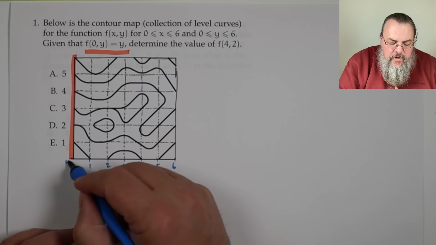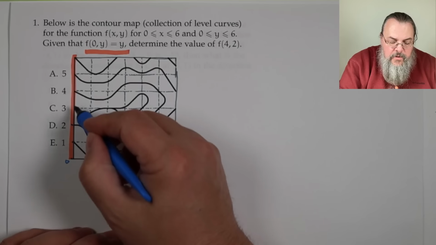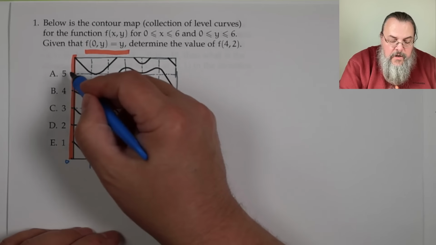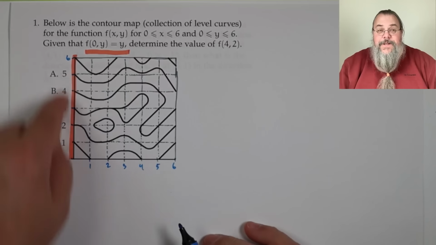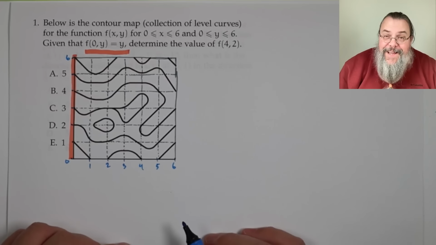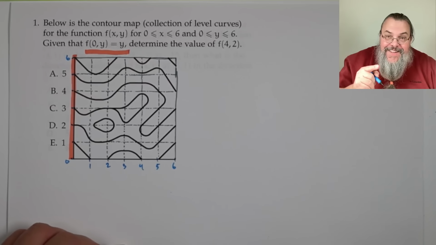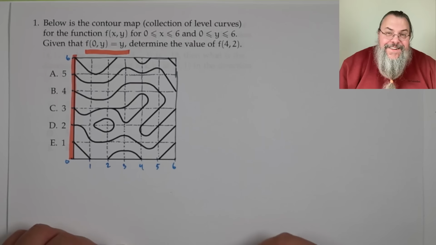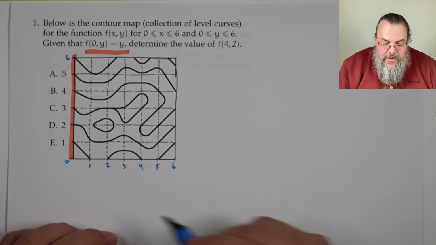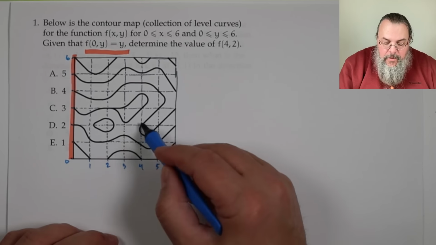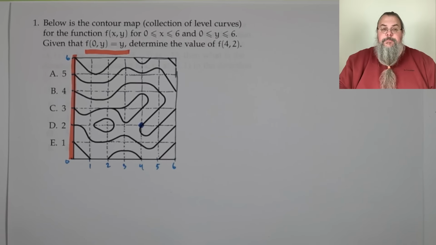Then we have 0, 1, 2, 3, 4, 5, 6. Oh, that's very convenient. Almost as if they planned it. And they did. This was planned. Nice. Good job. Now, where's 4, 2? So x equals 4, y equals 2. That's this point right there.